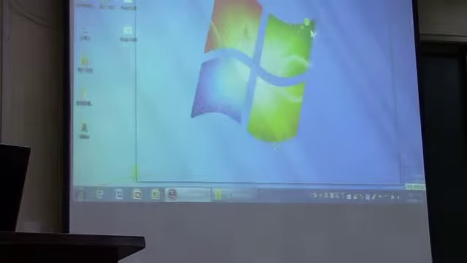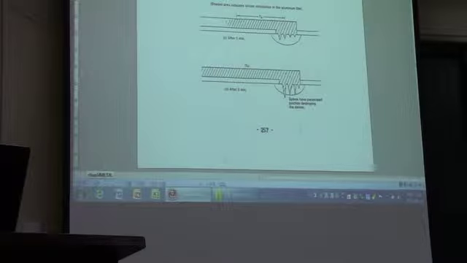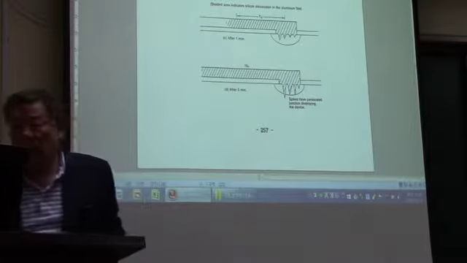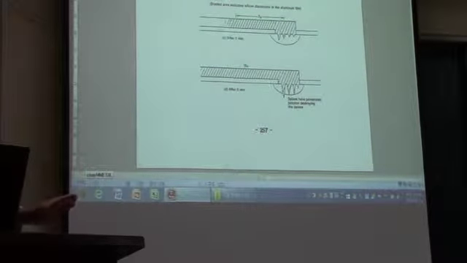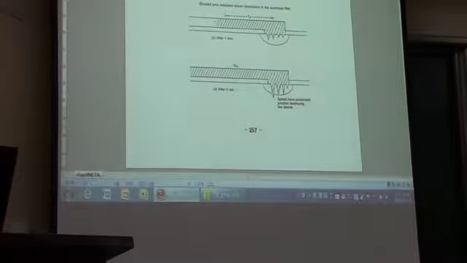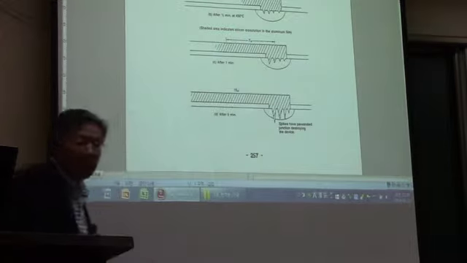This is actually the experimental result, and you see after 5 minutes, the temperature is 450 degrees centigrade.